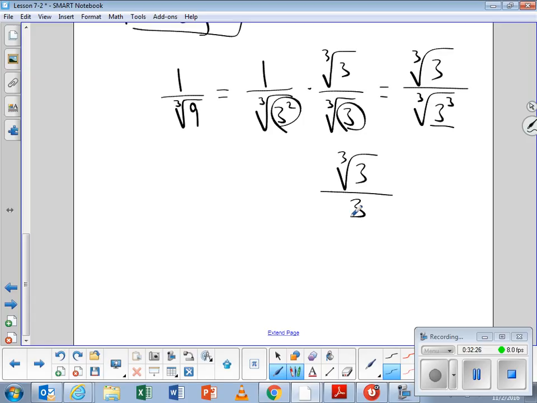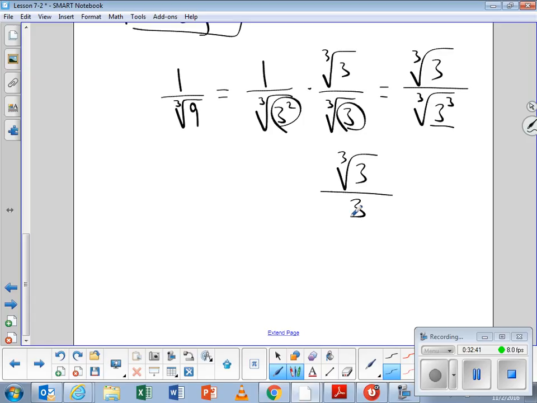Anybody confused on that? So look at the index, the root number, before you just automatically do it, and ask yourself, how many do I need? And how many do I already have?